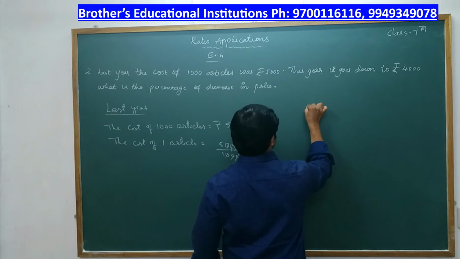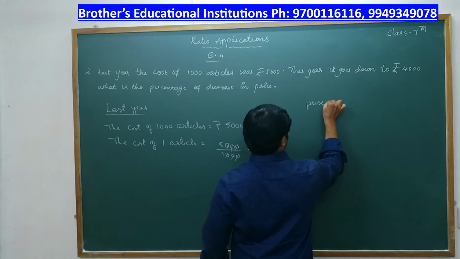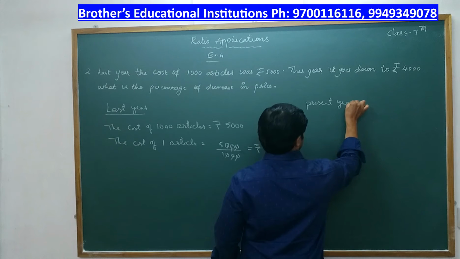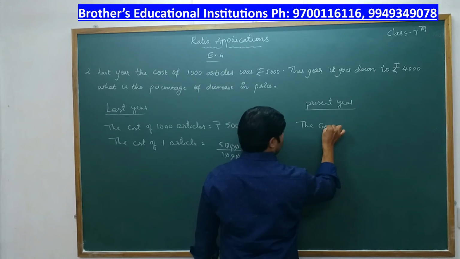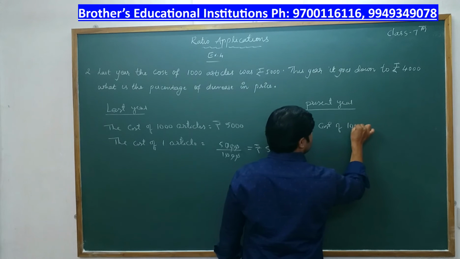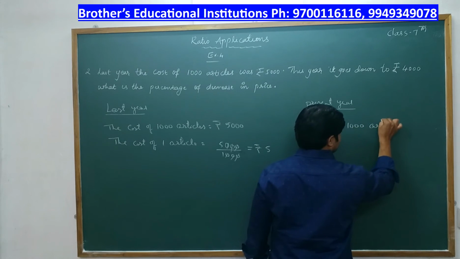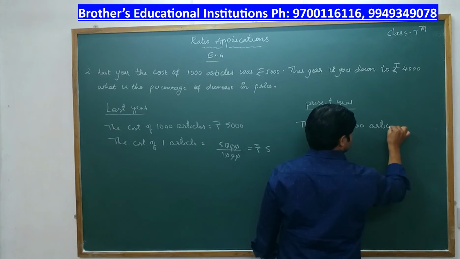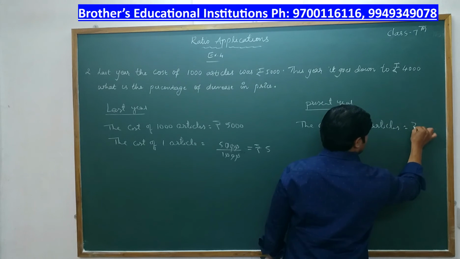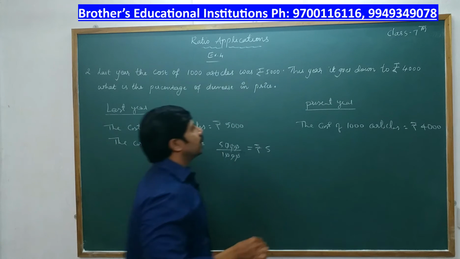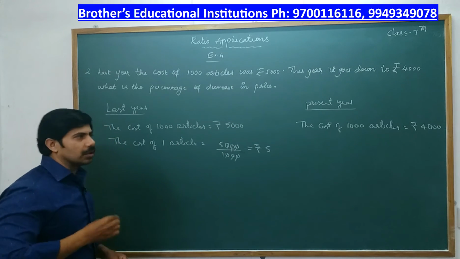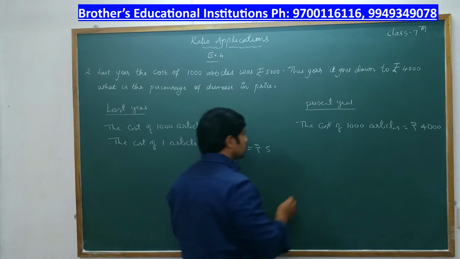In the present year, the cost of 1,000 articles is rupees 4,000, because in the problem it is mentioned that this year it goes down to 4,000.